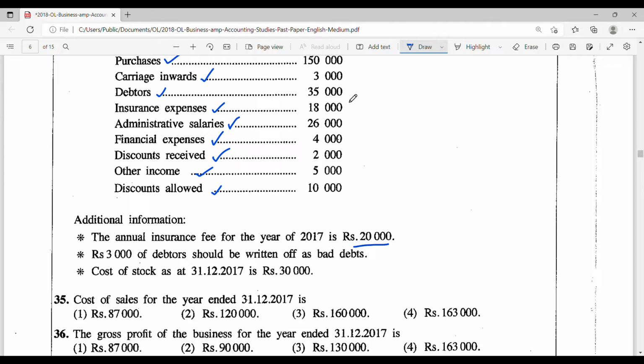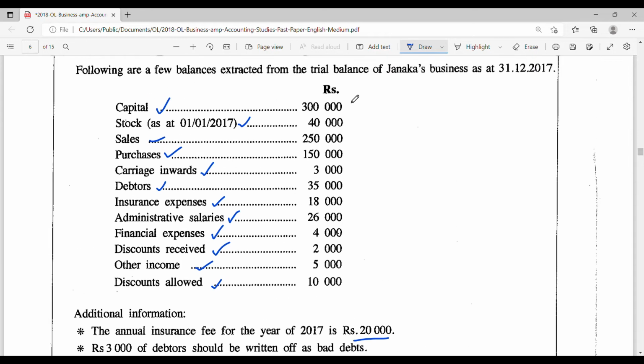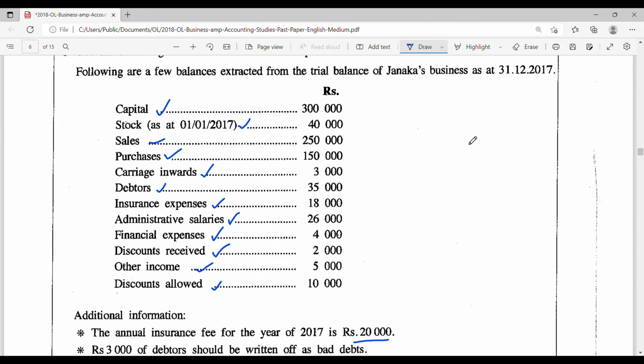Now question 35. They are asking you to calculate cost of sales for the year ended 31st December 2017. How do you find the cost of sales? First you have the opening stock of 40,000. I am not putting the three zeros here. Then you have purchases of 150,000.